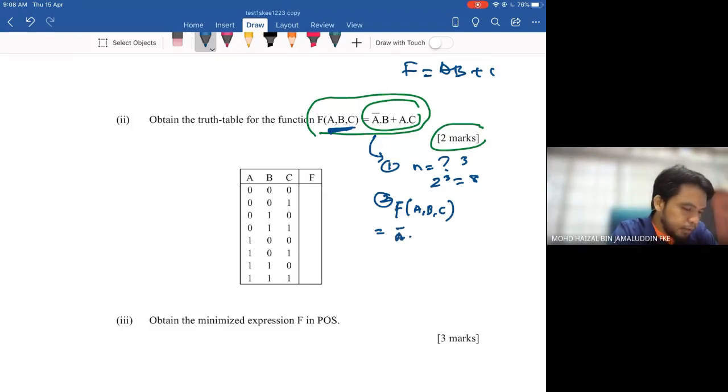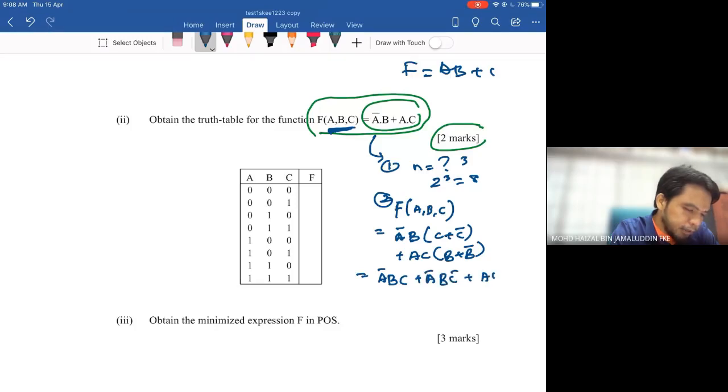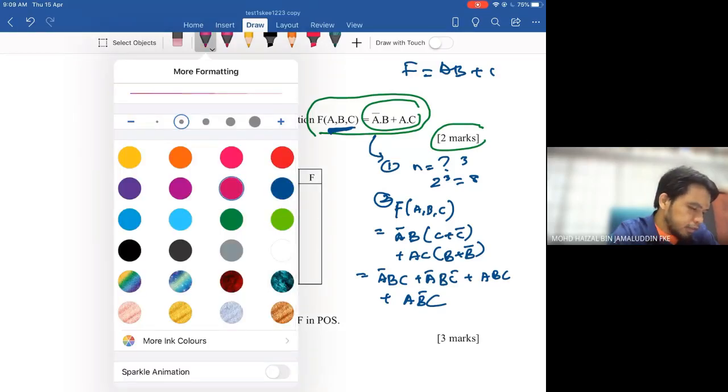So A bar B (C plus C bar) plus AC (B plus B bar). Then you do the expansion: A bar B C plus A bar B C bar plus A B C plus A B bar C. Okay.